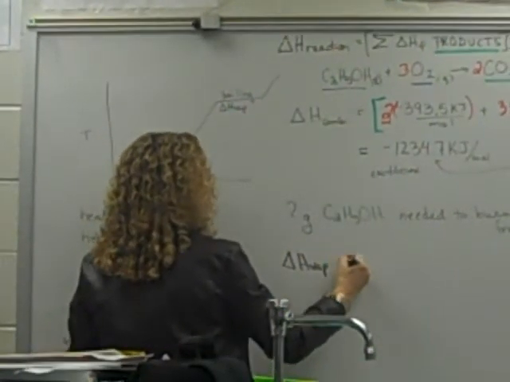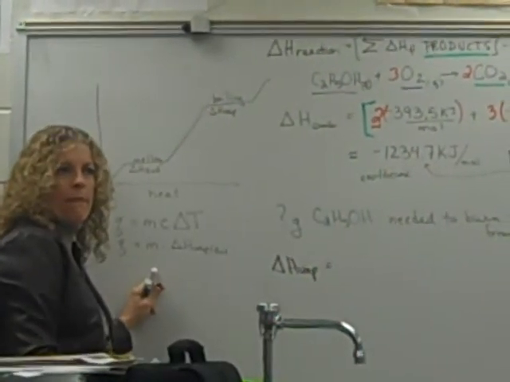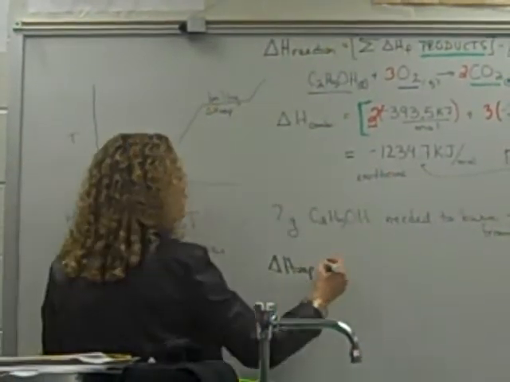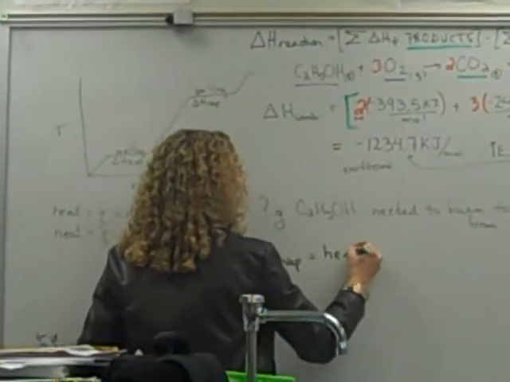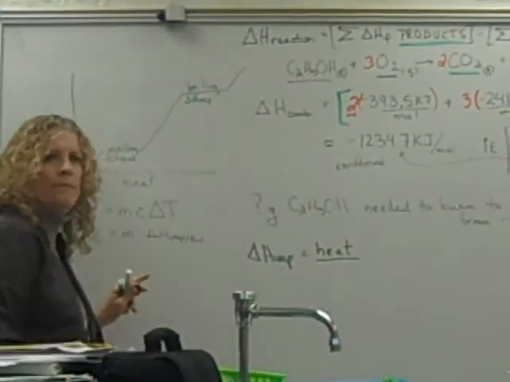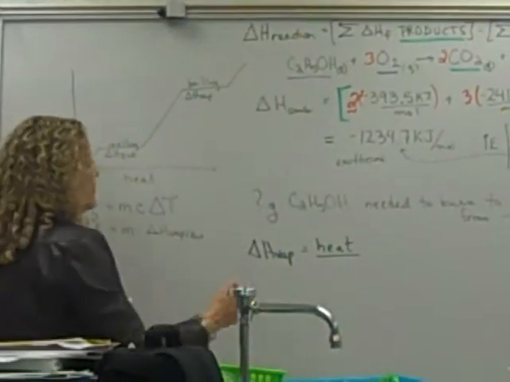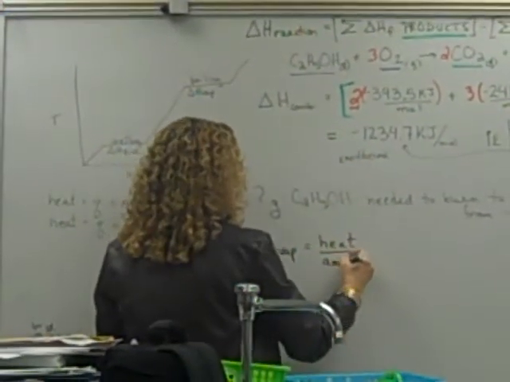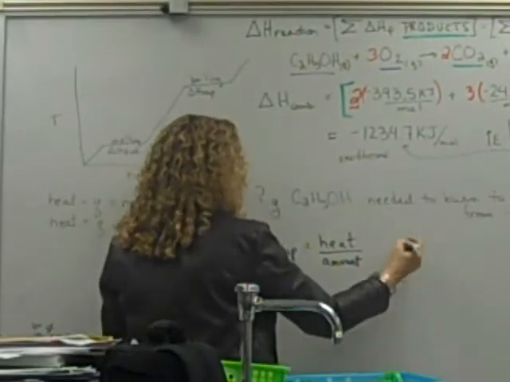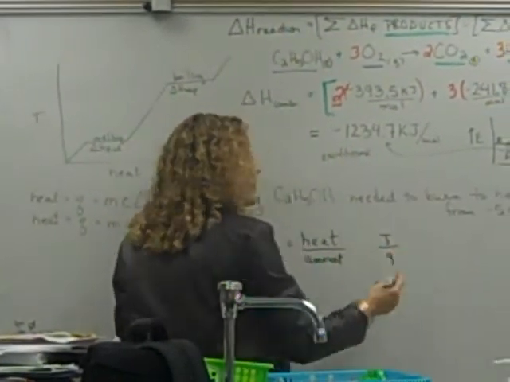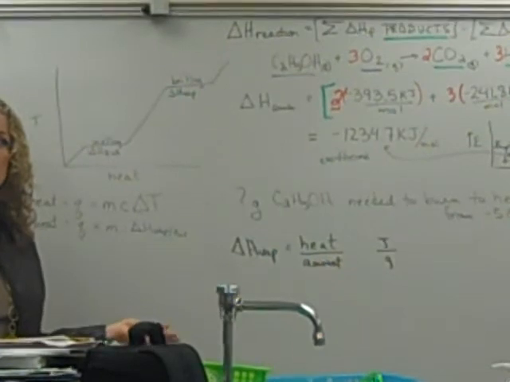What goes on top? Yeah, it's some type of heat. And what goes on the bottom? Some type of amount. Okay? Now, Anish says maybe that would be joules per gram. Would that work for heat of vaporization?